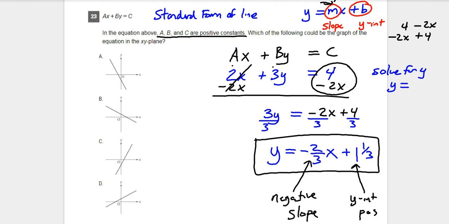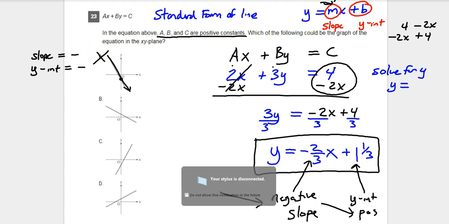So on this first one, answer choice A, my slope is negative because it's going down from left to right. So I have a negative slope, and its y-intercept is also negative because it crosses below the x-axis. So that can't be it. I need a negative slope and a positive y-intercept. So it can't be A.